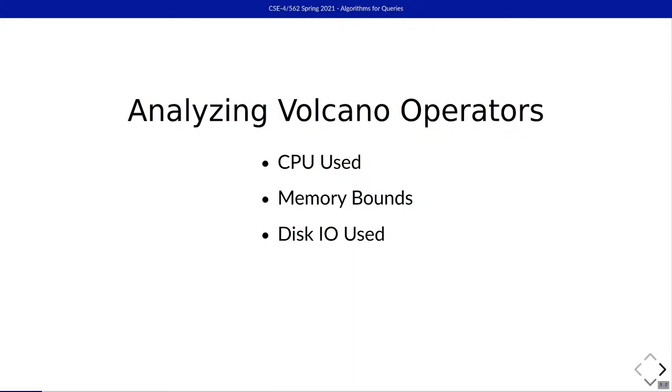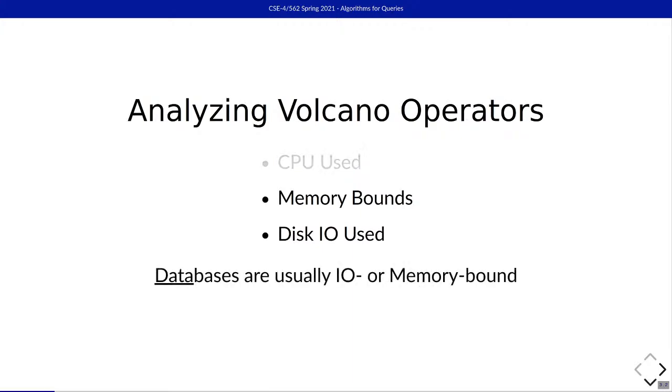And something you might not be used to, but that is relevant here is how much disk I/O it's using as well. As far as databases are concerned, usually the limiting factor is going to be the amount of memory or the amount of I/O that a particular algorithm is using. CPU is important, but usually does not end up being the limiting factor just because all of what we're doing involves data.